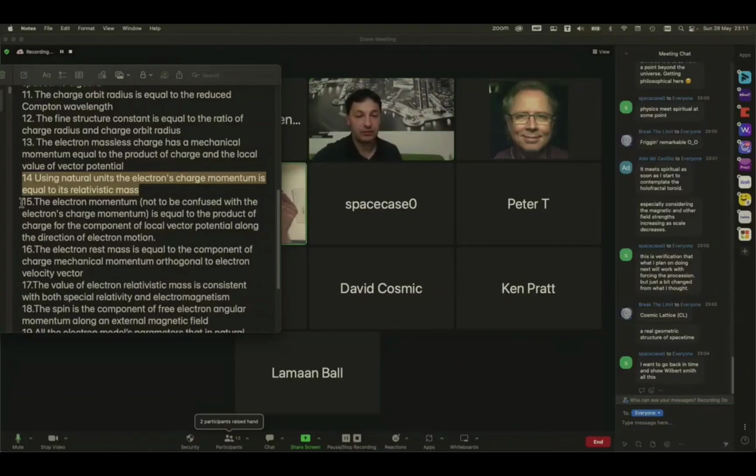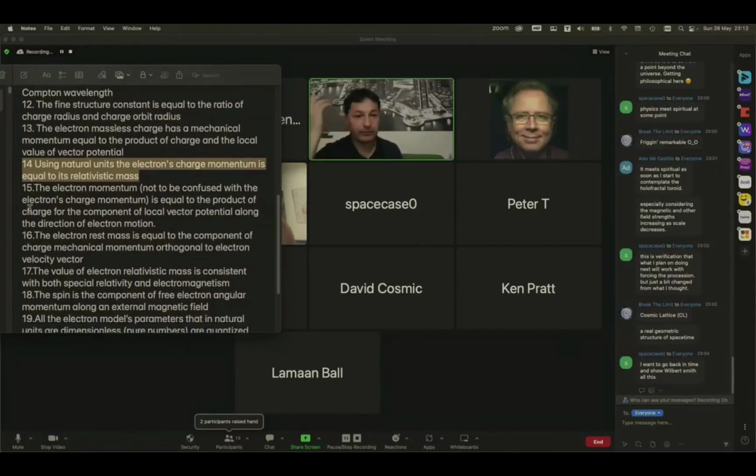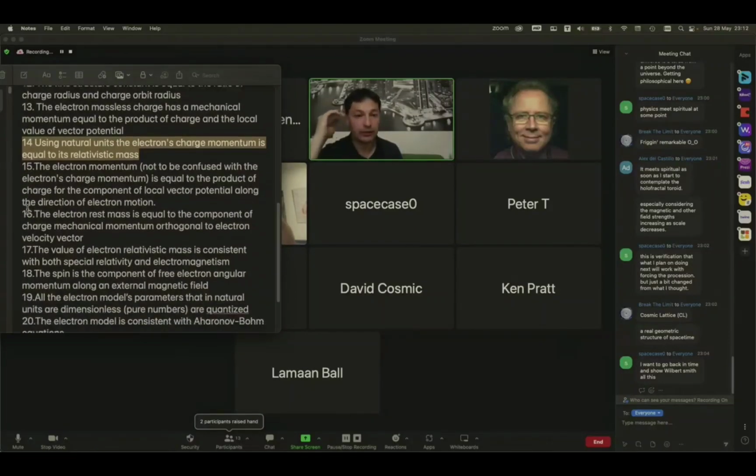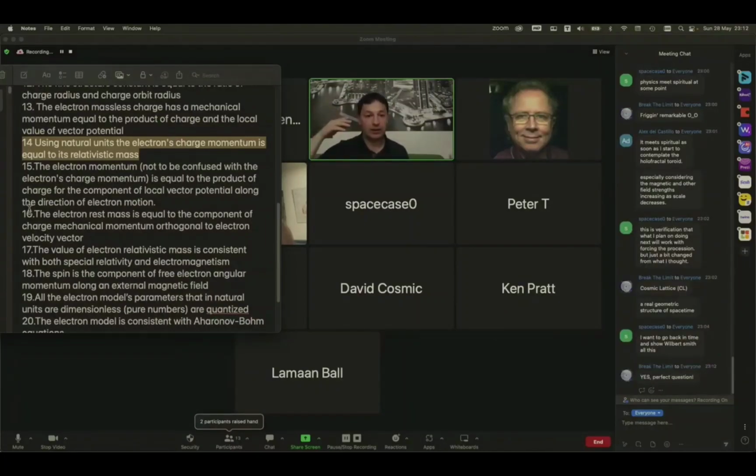The electron momentum, not to be confused with the electron's charge momentum, is equal to the product of charge and the component of local vector potential along the direction of electron motion. Yeah, this I don't exactly get, but in the end, one can calculate separately the internal momentum in this Zitterbewegung motion and the kinetic momentum that's along the axis. So these are two separate momenta one can calculate.